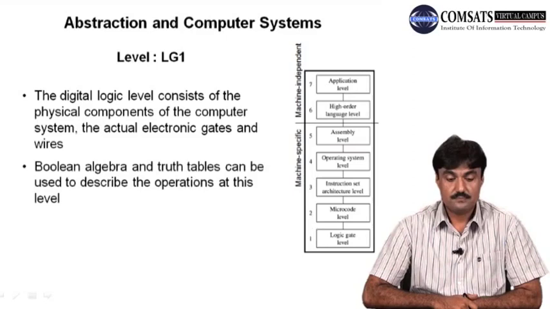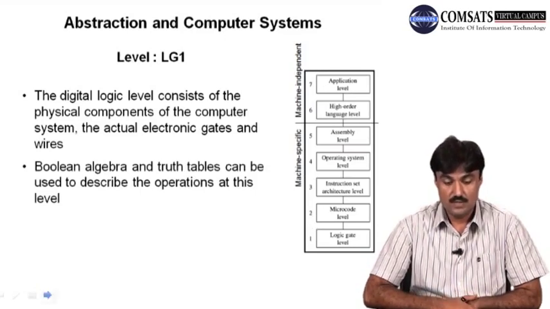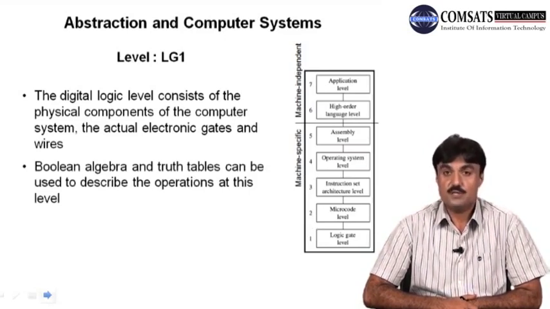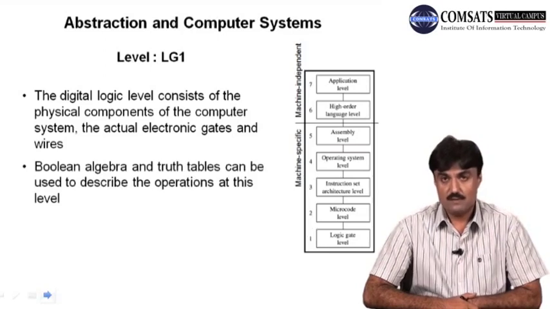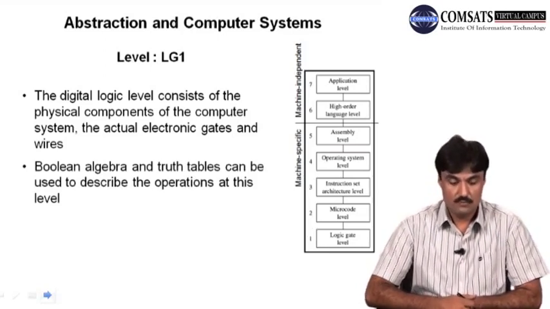At the digital logic level, it consists of the physical components of the computer system, the actual electronic gates and wires, which form this whole level. Boolean algebra and truth tables can be used to describe the operations at this level. So this is the lowest level, the actual hardware level.